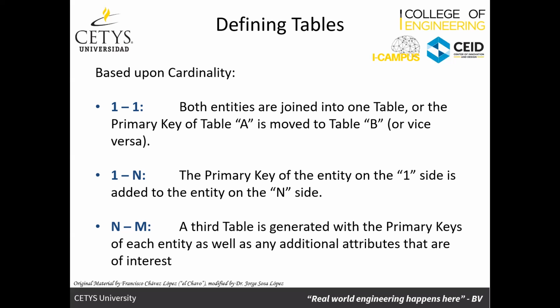So how I'm going to resolve that, I'm going to create a new table that's called projects employees, containing the project ID and the employee ID, and those are going to be a combination of a new primary key. And those are the three rules we're going to be following.